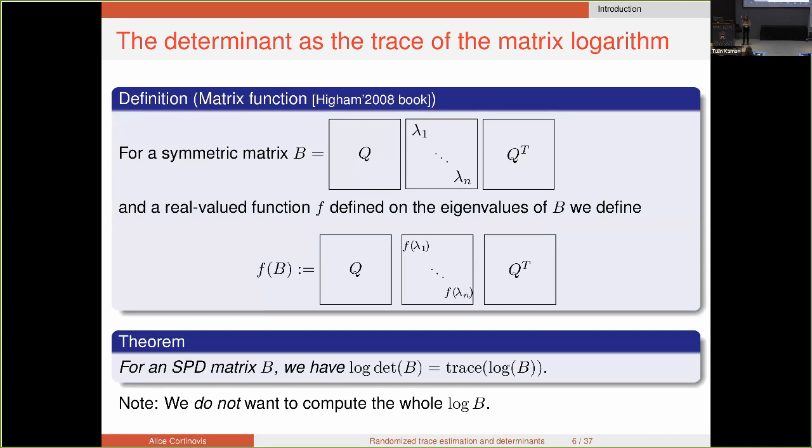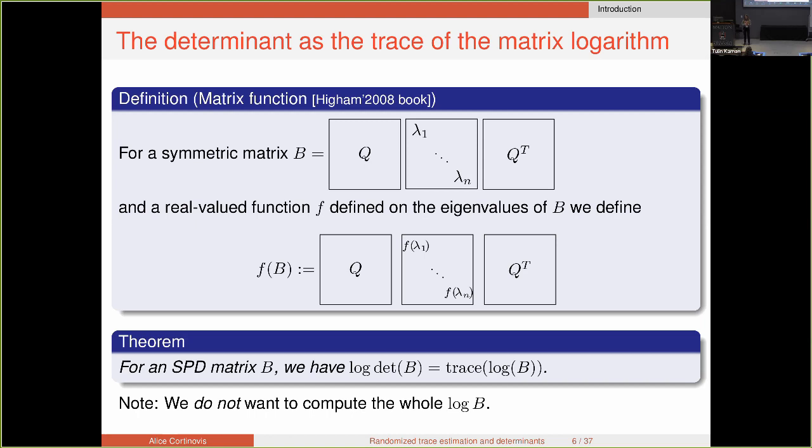Now let me get to the connection of computing the determinant with computing the trace of a matrix. For this, we need the definition of matrix function. I wrote it here. You can define it for any matrix, but for this talk, I only need it for symmetric matrices.